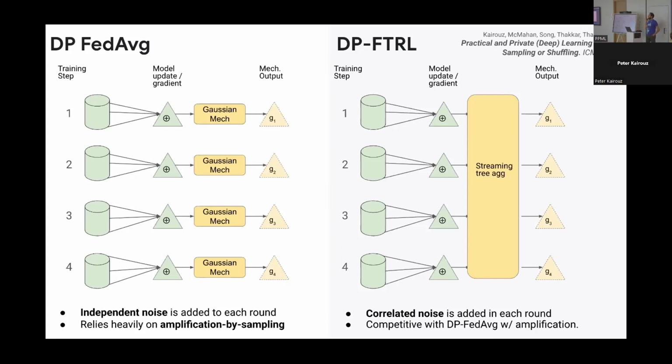Whereas on the right-hand side, this is the new paradigm. Notice what's going to happen. We're not going to compute these things independently and add independent Gaussian noise. We're going to treat it as some sort of a streaming problem. We'll see why in a bit, how we can treat this as a streaming problem.